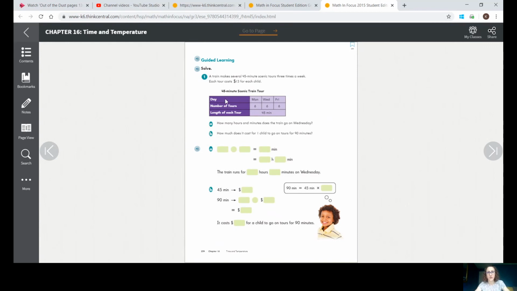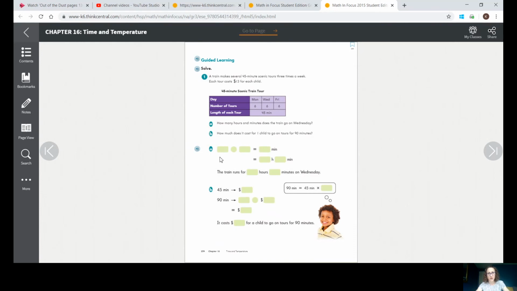Here's the day: Monday, Wednesday, Friday. Number of tours, 6 on each day. The length, they're all 45 minutes. How many hours and minutes does the train go on Wednesday? And how much does it cost for one child to go on tours for 90 minutes?